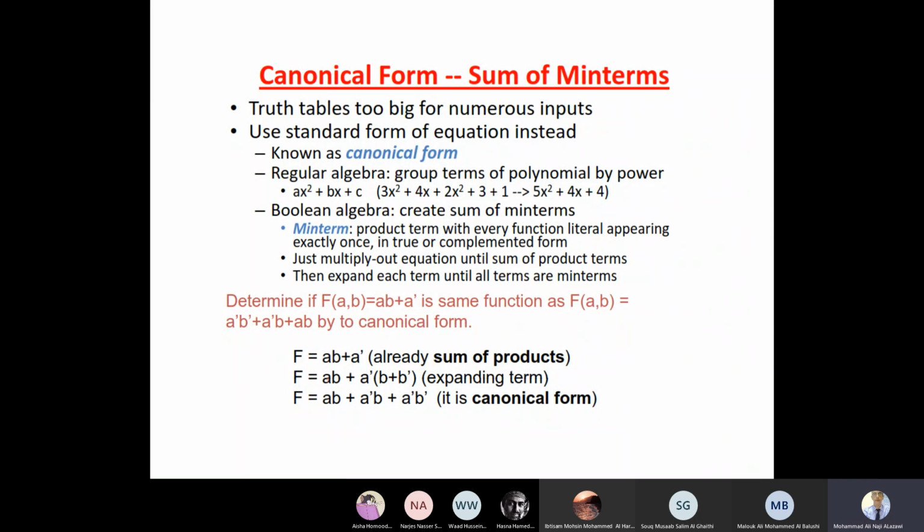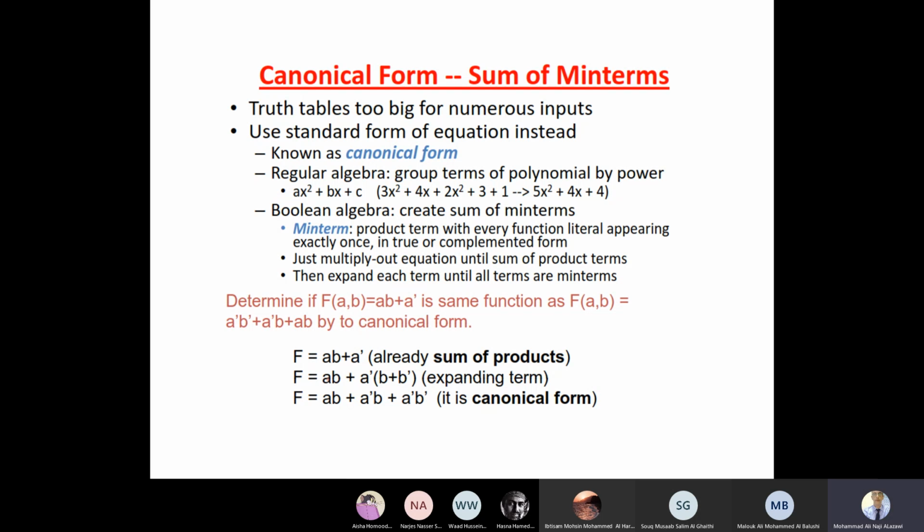If you have 5 inputs, then you have 32 combinations. If you have 6 inputs, then you will have 64. That means sometimes it will be very, very huge. You will get a very huge truth table. Use a standard form of equation instead, known as canonical form.